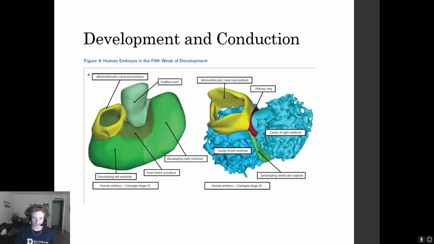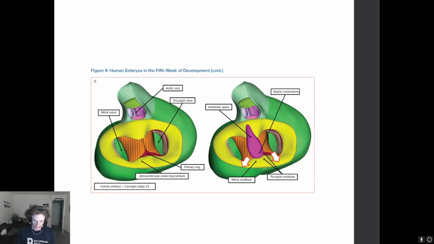So going back to here, really both of the inferior extensions of the atrioventricular node are specialized, but specifically the right one is derived from the primary ring along with this atrioventricular canal myocardium.